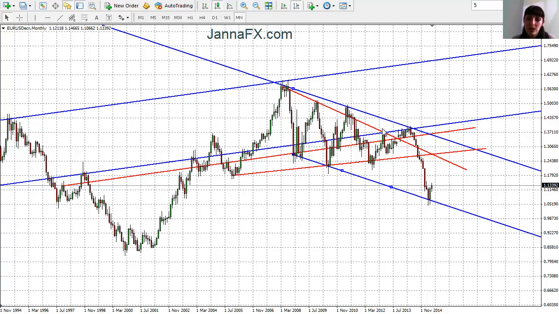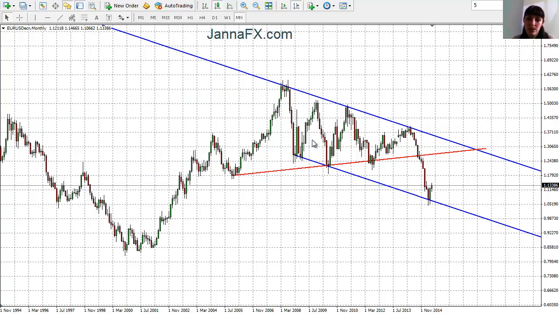Because of that, we're going to take away this line, we don't need it anymore, because remember when it was right here, I was telling you it was an important level when we were trading 2013, and so we don't need this one anymore either. So now you can see this is a triangle, and I'll probably take that away. Yeah, it formed a triangle, and the market of course broke.